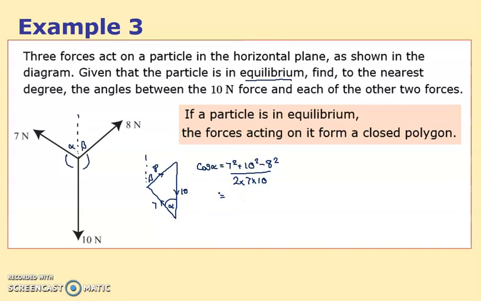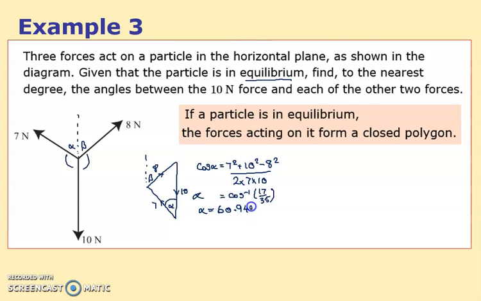So if I type this in, 7 squared is 49 plus 100 minus 64, to the top, divided by 2 times 7 times 10. I get 17 over 35. So alpha then is the inverse cos of 17 over 35. The inverse cos of the answer equals, I get 60.94 degrees.